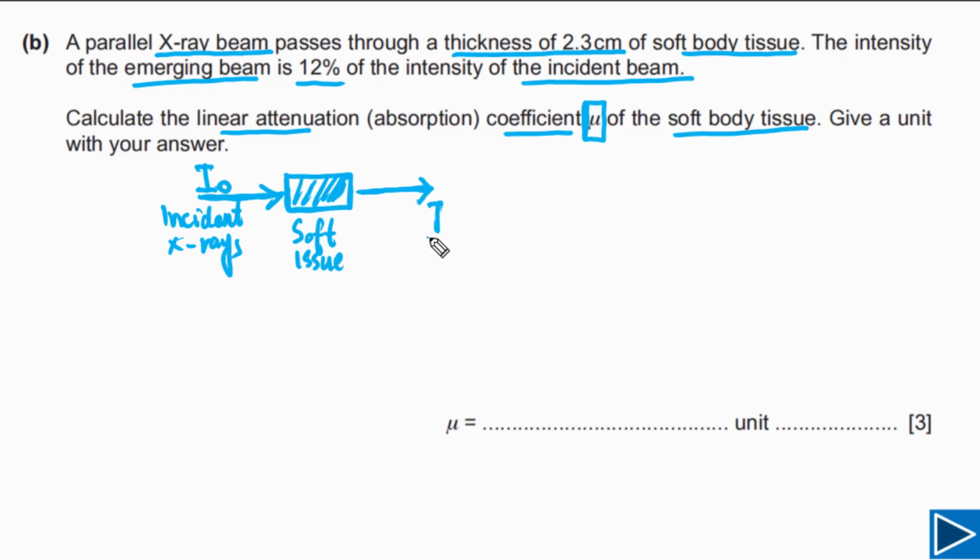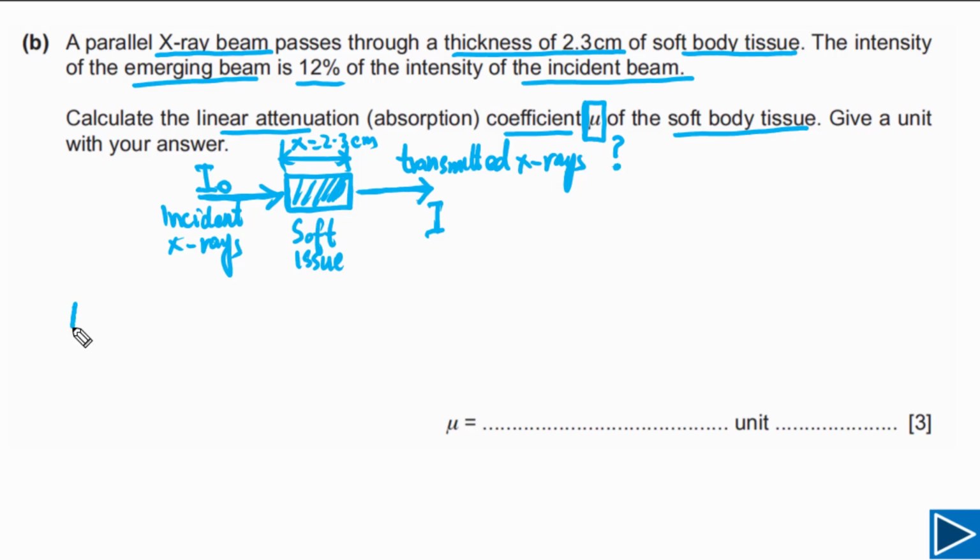Let's say the intensity is I. So these are transmitted X-rays, means after passing through soft body tissue. The thickness of this soft tissue is given, that is x, and x is equal to 2.3 centimeters.